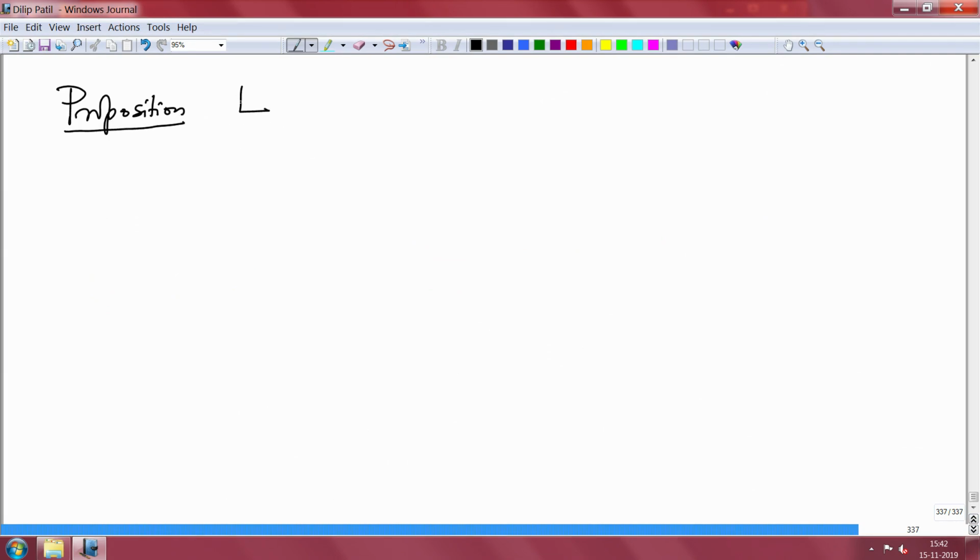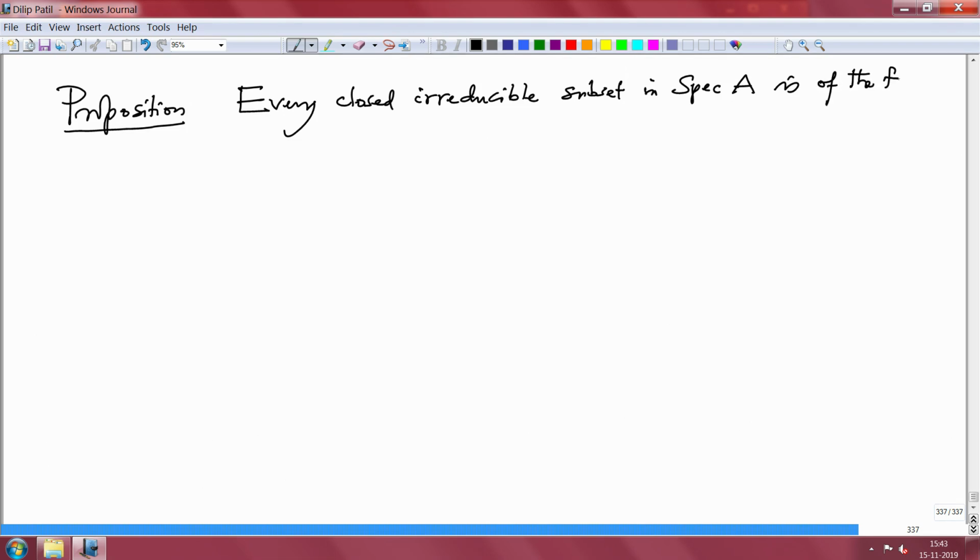Every closed irreducible subset in Spec A is of the form V(P), where P is a prime ideal in Spec A. So, we have closed.